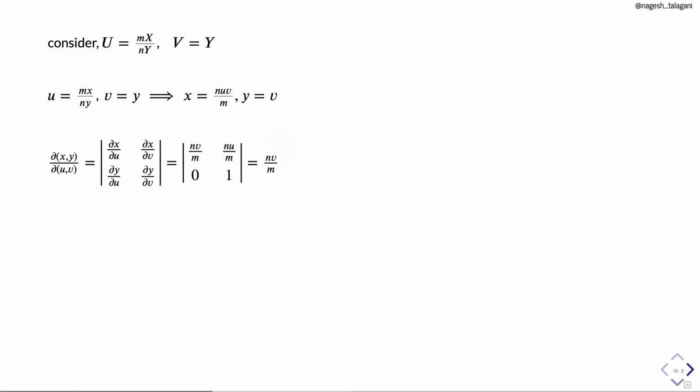Fine. Now the joint PDF of UV in terms of the joint PDF of XY and the Jacobian of this transformation is this: f_UV at (u, v) is f_XY of (nuv by m, v) times the modulus of the Jacobian that we got, nv by m. Now, what is the joint PDF of XY that we got?